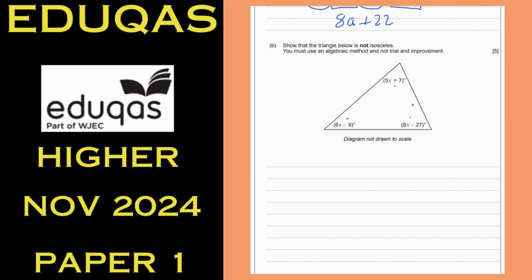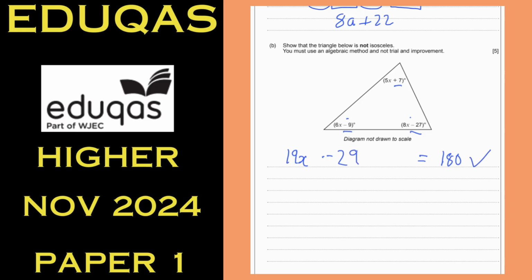First thing we can state, angles in a triangle will add up to make 180. We need to add all our x's together. We get 19 of them. And then simplify your constants, so -9, +7, -27, all ends up as -29.